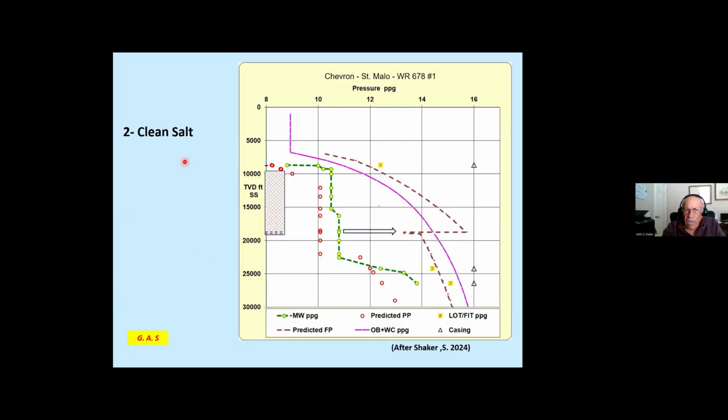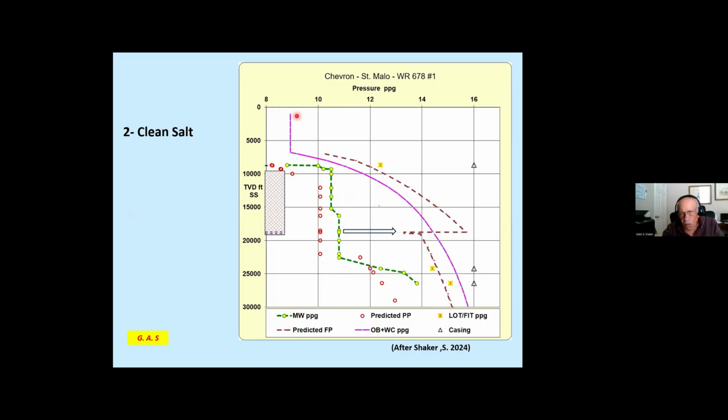borehole. Now, in the case if I have a clean salt, that's another well, it's St. Molly. If the casing is there and have a clean salt, the mud weight goes straight, no problem, penetrate the sediments below the salt, and go to the objectives.